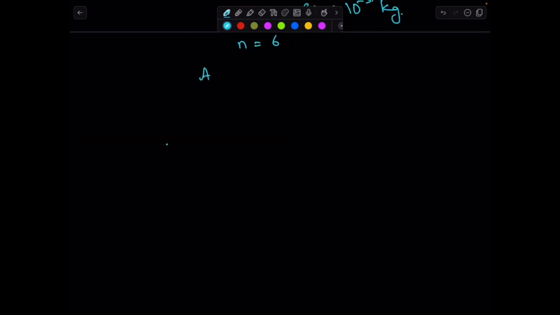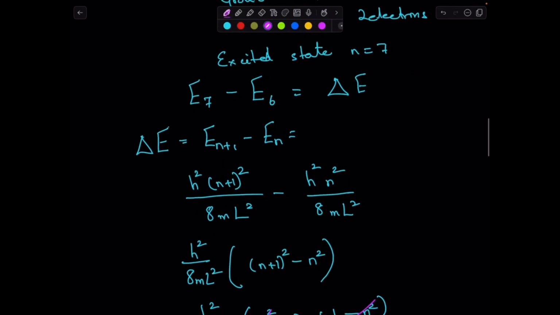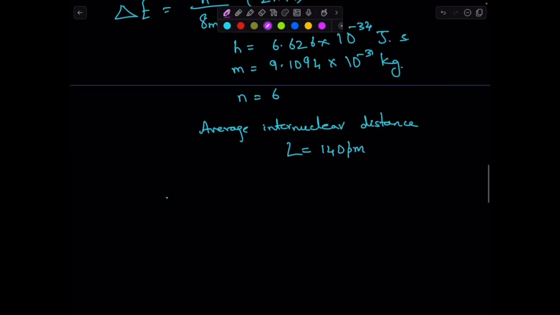The average internuclear distance equals 140 picometer. Since we have 11 bonds and the distance of one bond is 140 picometers, the distance of 11 bonds would be 11 times 140 picometer.